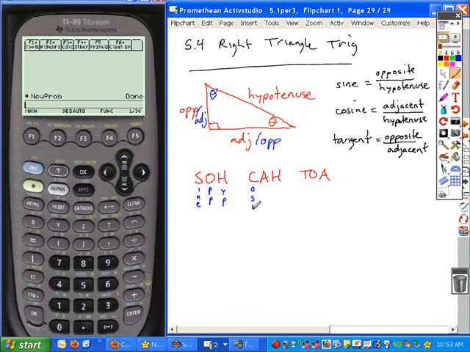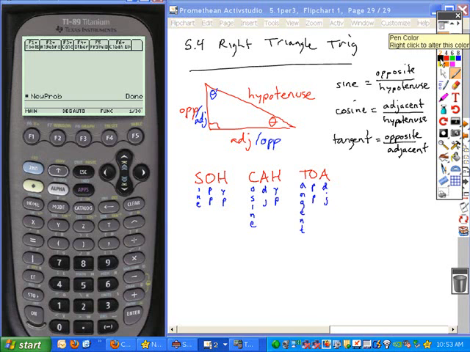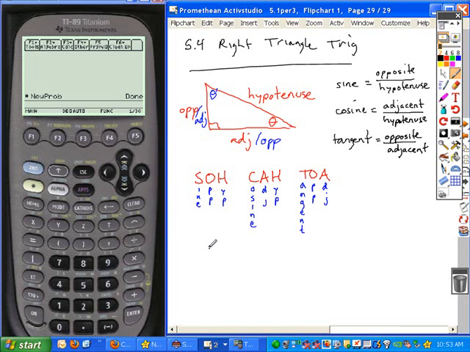The cosine is equal to adjacent over hypotenuse. And tangent is equal to opposite over adjacent. So those are your ratios. This is something that, once again, you do need to be very familiar with.